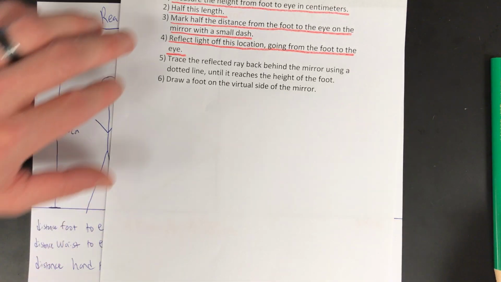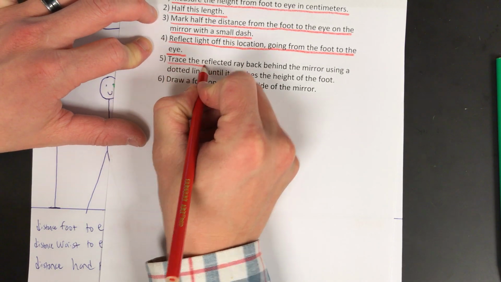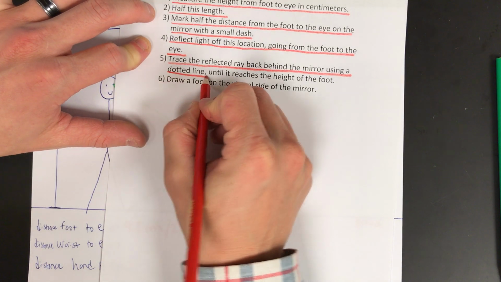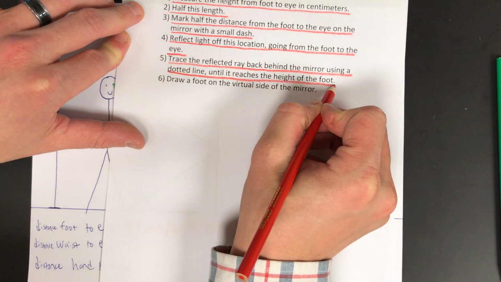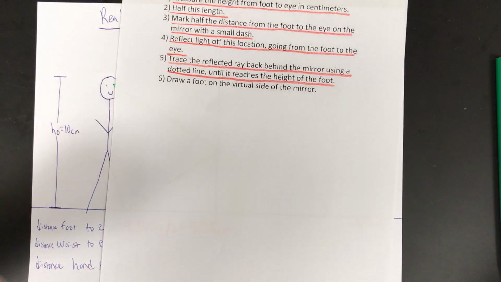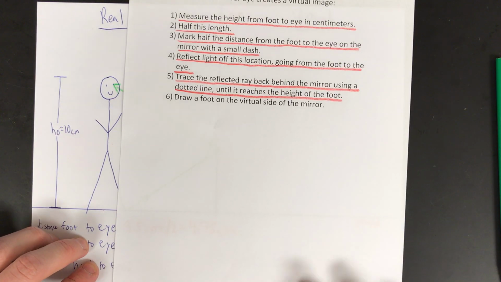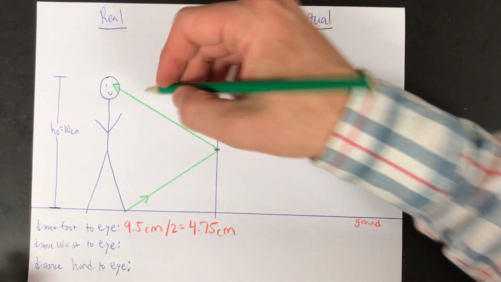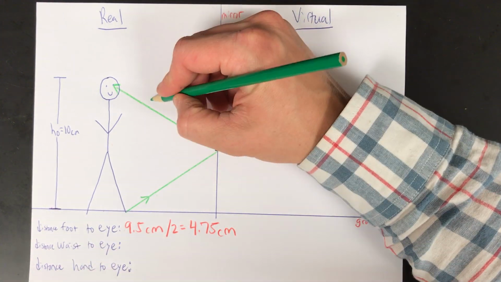Okay. And then step 5 is trace the reflected ray back behind the mirror using a dotted line until it reaches the height of the foot. Alright, so trace the reflected ray, that's this one, that's going into the eye.